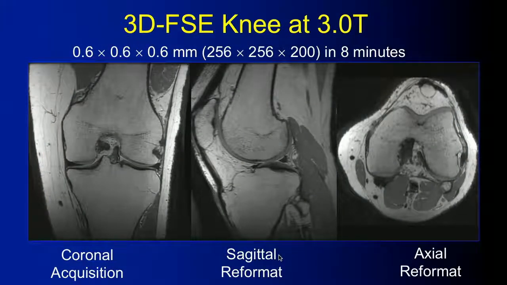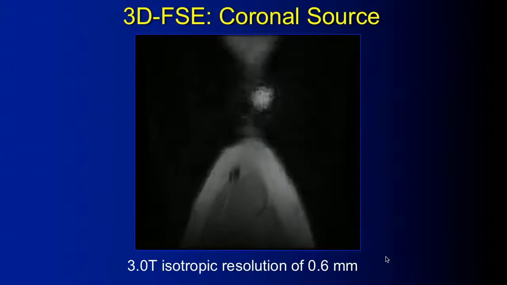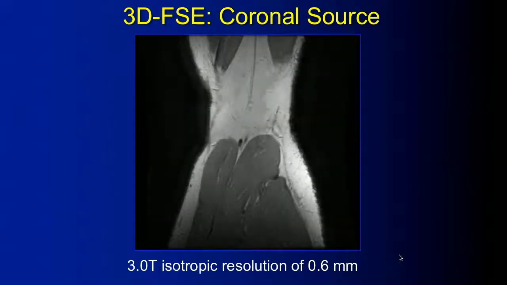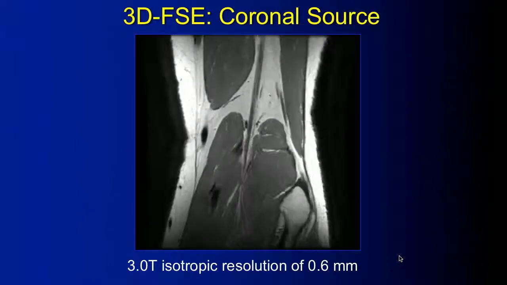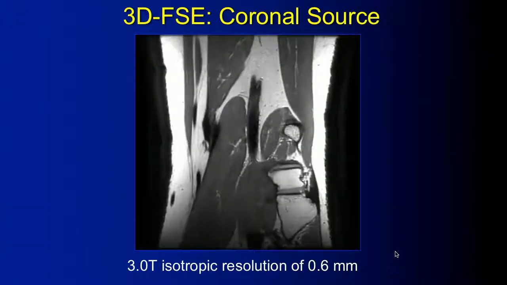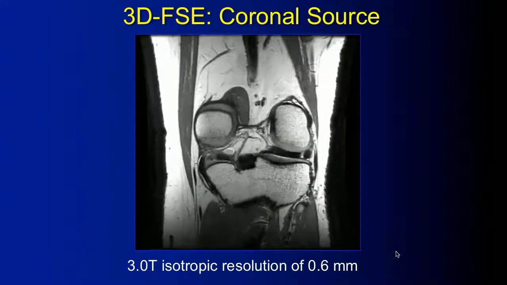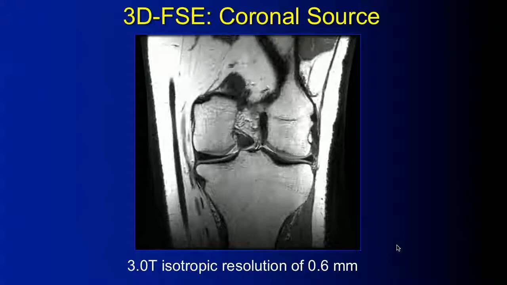So with 3D fast spin echo, as I mentioned, this has tremendous potential to do an isotropic acquisition such as shown here. This is an old slide. This was acquired in 8 minutes with the coronal acquisition and sagittal and axial reformats. So this acquires 200 images in the coronal plane with a fast spin echo or spin echo contrast, and has an isotropic resolution.